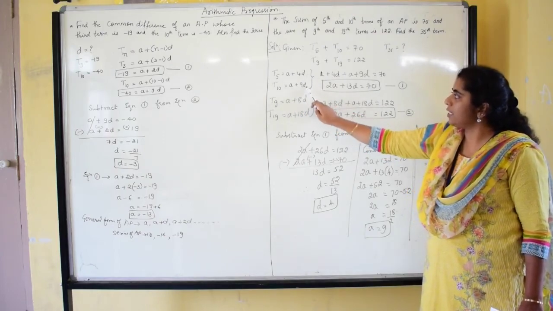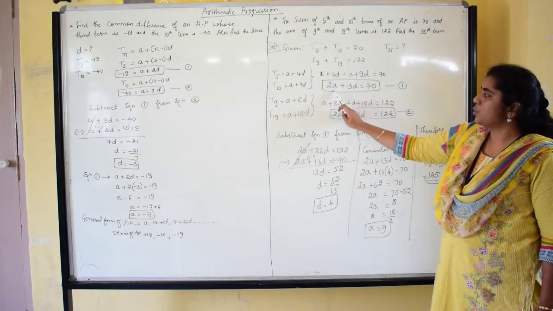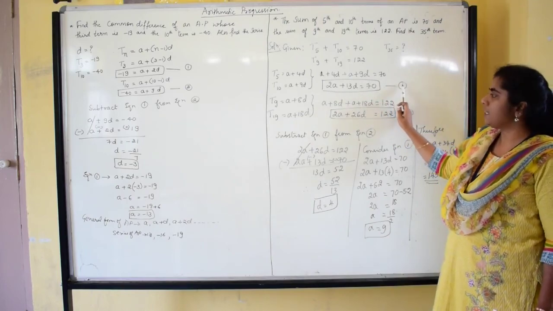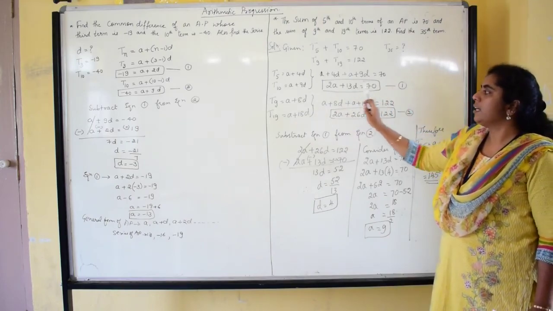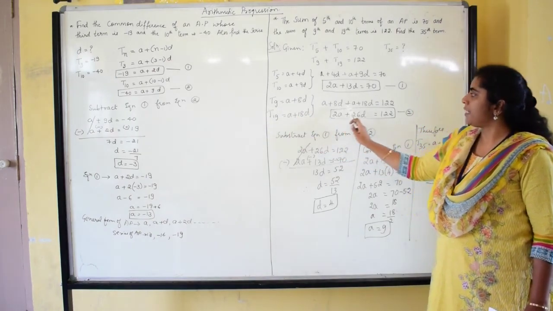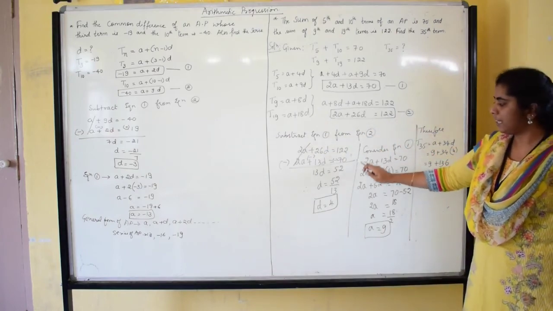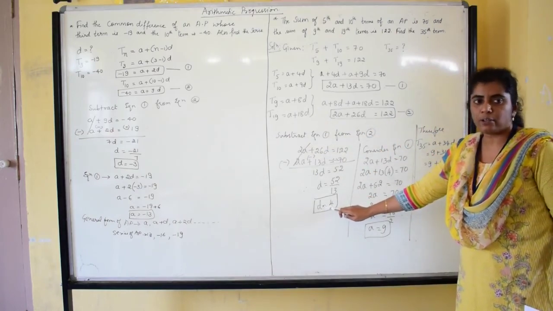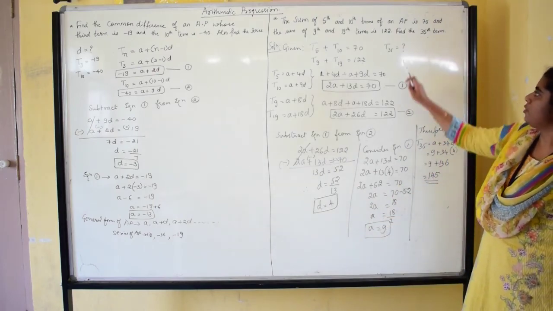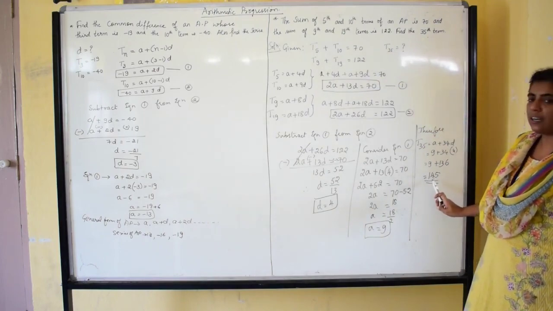If we add these two, we get 2a plus 13d is equal to 70. We consider this as the first equation. Then again we substitute the values for T9 and T19, then add the terms, and we get 122. Consider this as equation 2. Then after solving we will get the d value, the common difference, then the a value, the first term. Substitute the values for the 35th term and we will get 145.